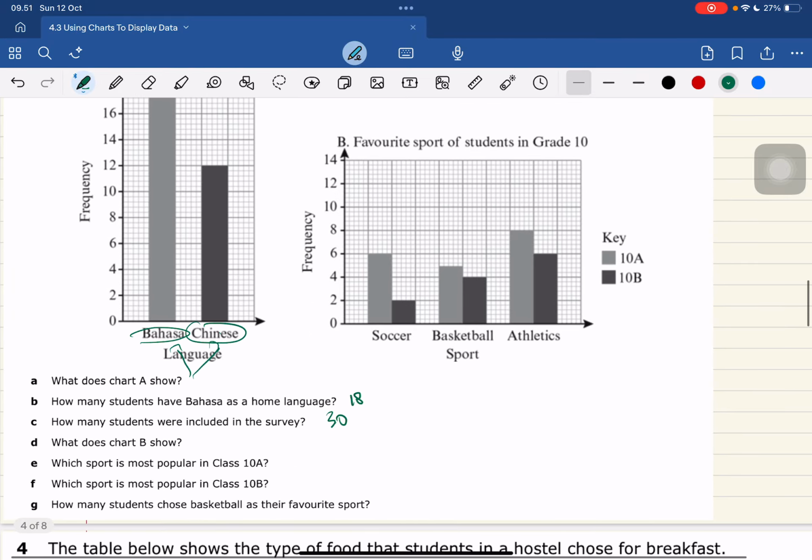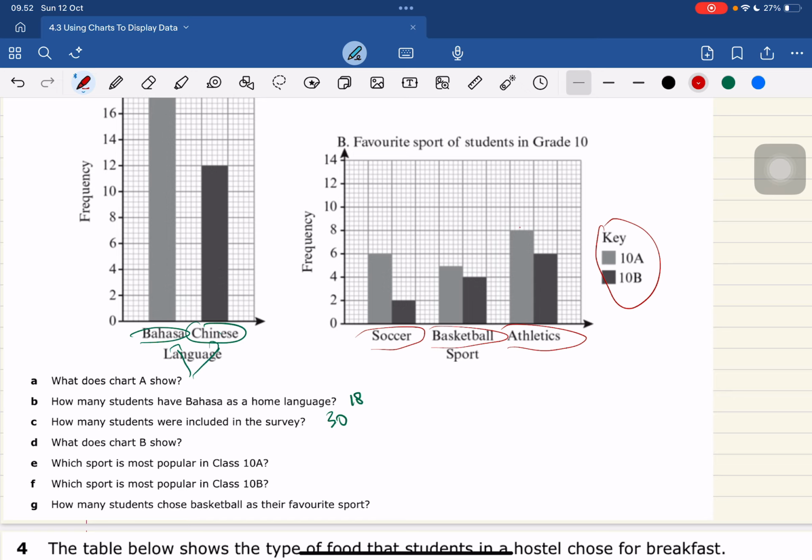Next, D. What does chart B show? The favorite sport of students in grade 10, like soccer, basketball, and athletics. This is separated by class 10A and 10B. Next, which sport is the most popular in class 10A?